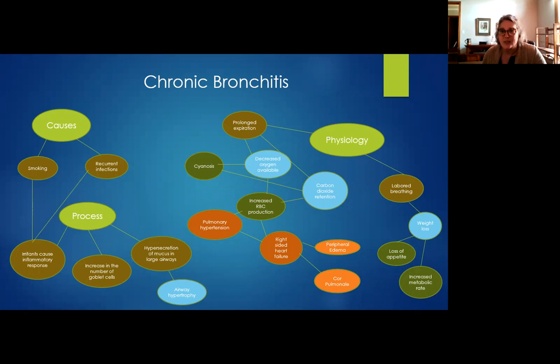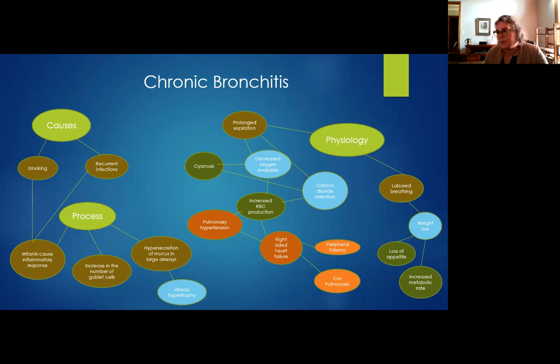So physiologically, the patient develops a prolonged expiration and they develop labored breathing. The prolonged expiration leads to decreased oxygen availability, and it also leads to carbon dioxide retention. These two factors and the gas availability changes result in cyanosis and increased RBC production.